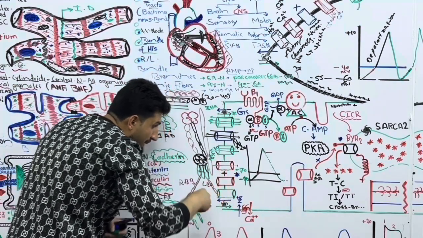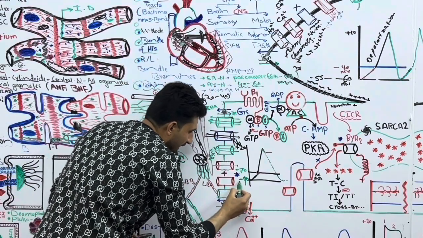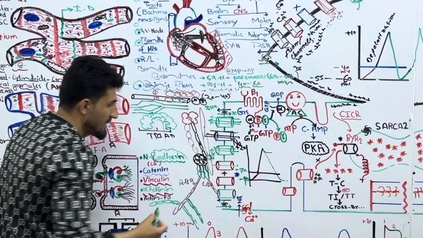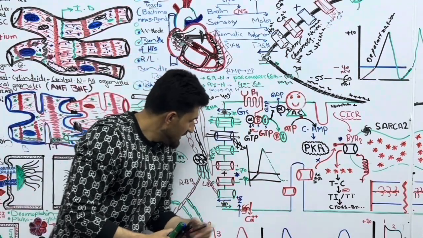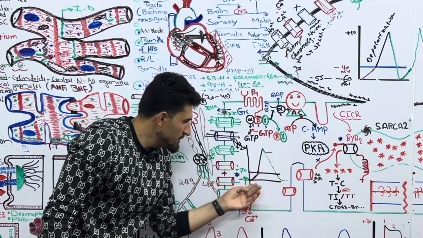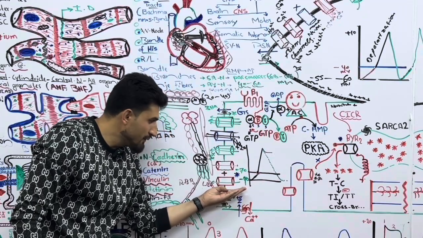And with calcium, another type of potassium channels are opening, that are slower compared to the previous potassium channels, and a lot of potassium goes out of the cell. Now calcium is a positive charge, a lot of calcium enters the cell. Potassiums are positive charges, a lot of potassium goes out from the cell.